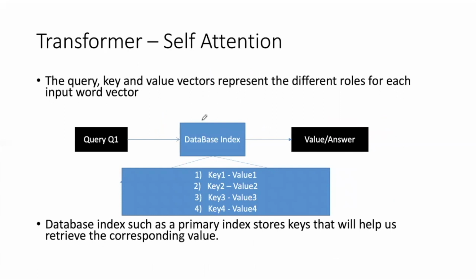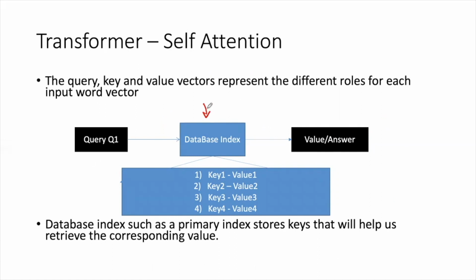One more way to get an intuition of what these query, key, and value matrices are is to consider the scenario of a typical database system. In a database system, let's say we have a database index.